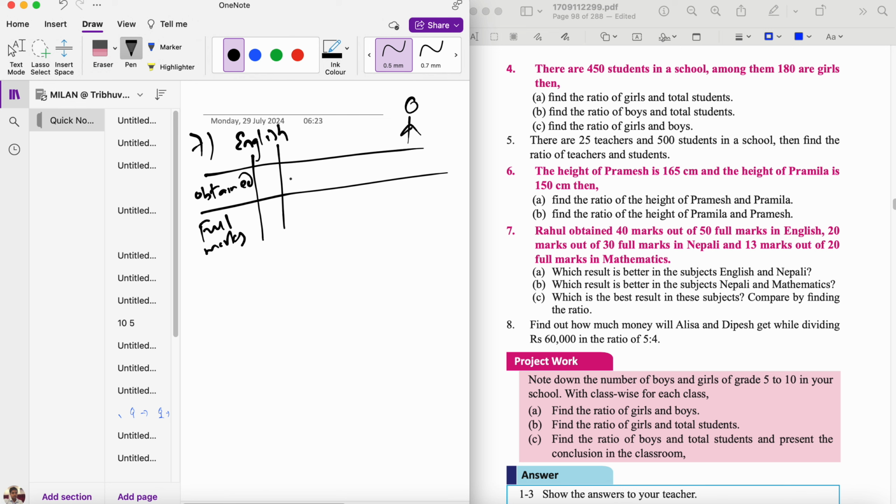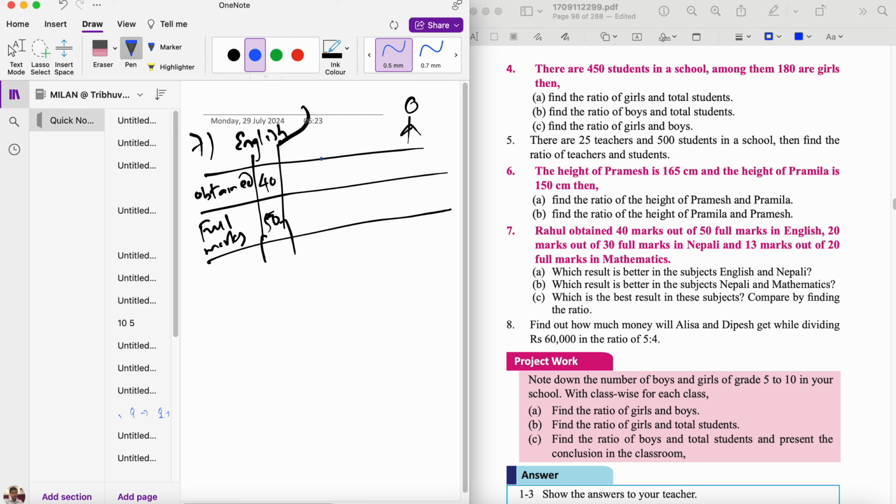First of all, we have to be very confident while solving problems. No need to be confused anyway. He obtained 40, with full marks 50, in English.